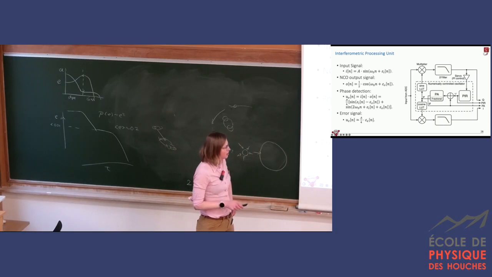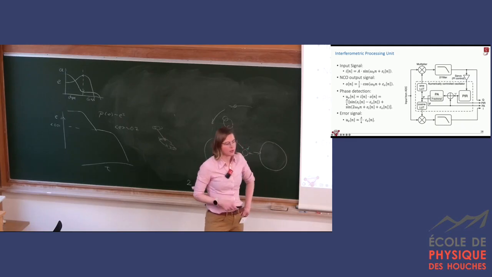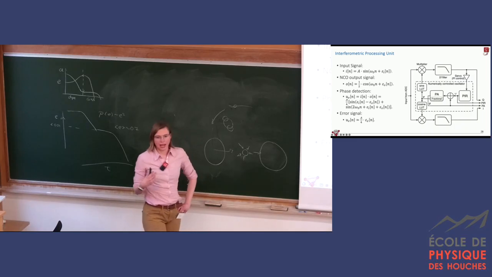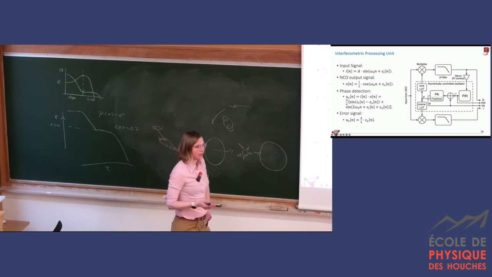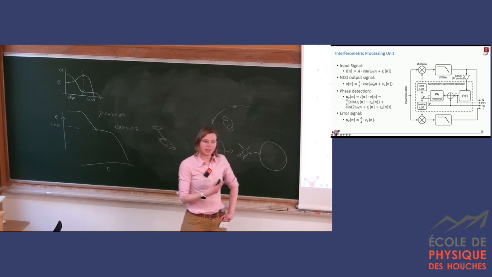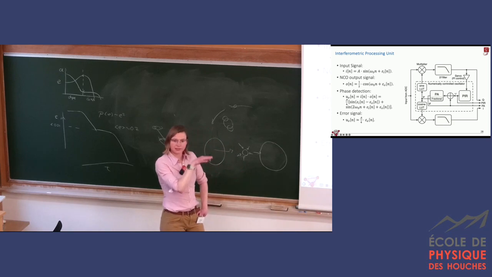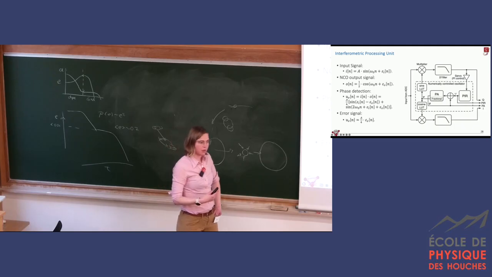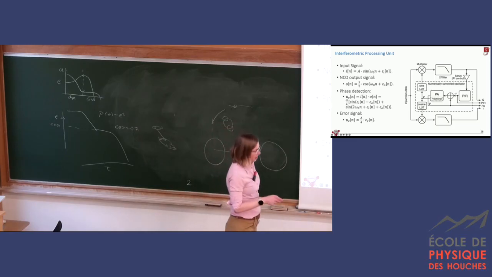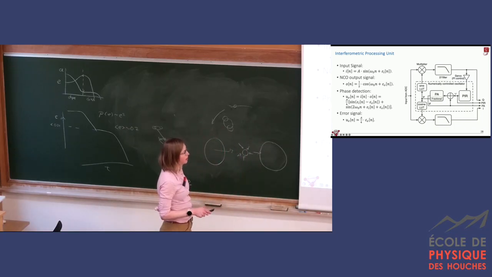Now the product of this multiplication is, on one hand, a value that we call I, the in-phase component, which is directly proportional to the amplitude of our signal. This is not really of interest for the scientific meaning, but it is very important for us to say if something is happening with the QPR in this particular segment, because then we can say, oh, the power is wrong here, and we can use those values to correct or mask the segments that are failing, for example. So this is quite important for further maintenance and debugging.